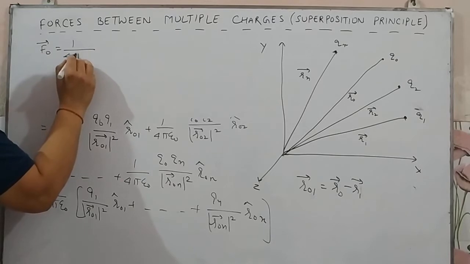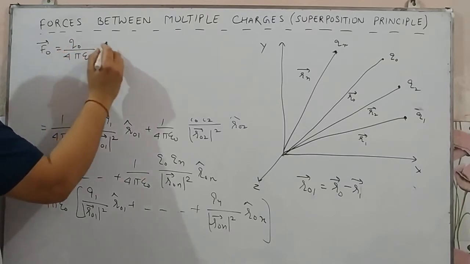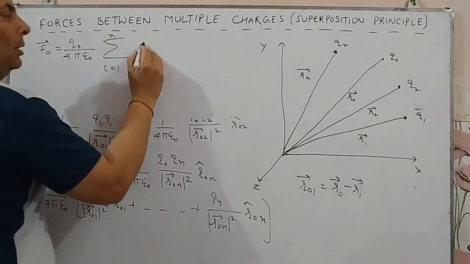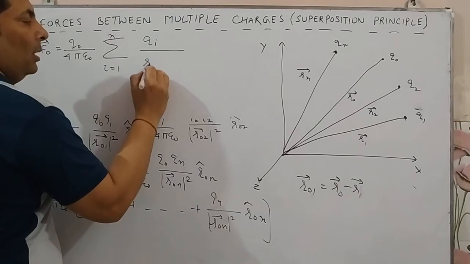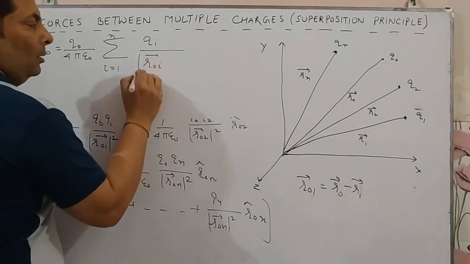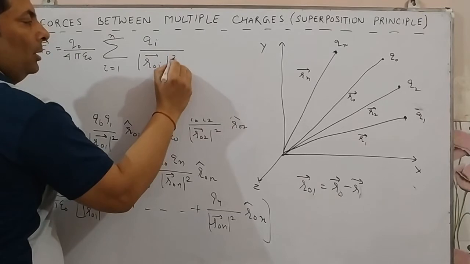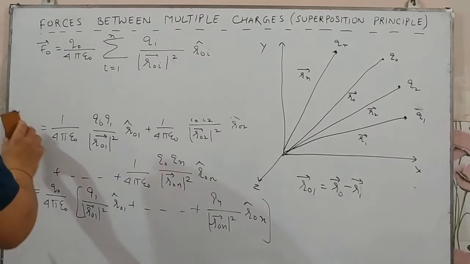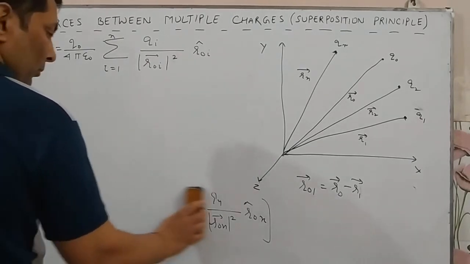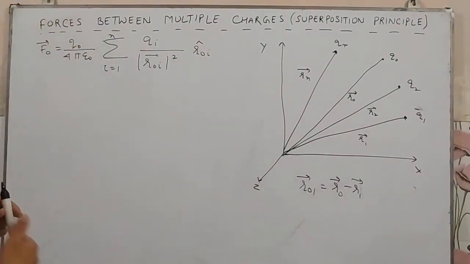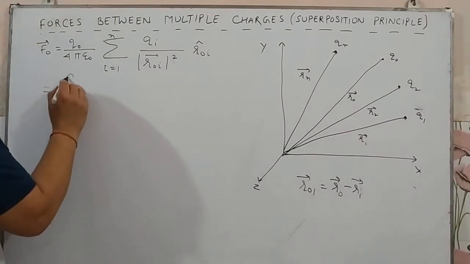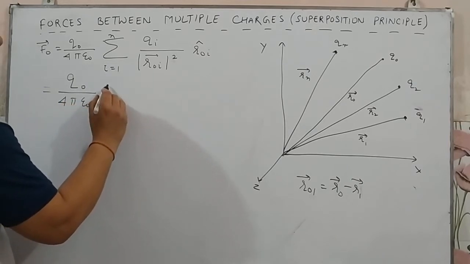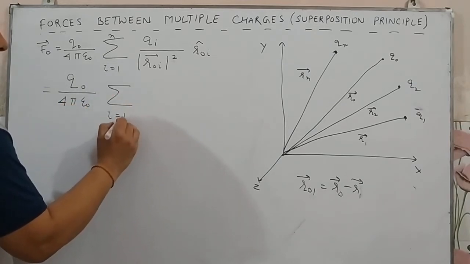1 upon 4 pi epsilon naught Q0, summation i equals 1 to n, Qi divided by R0i mod squared. Okay. Then next, Q0 upon 4 pi epsilon naught, further written in expanded form.